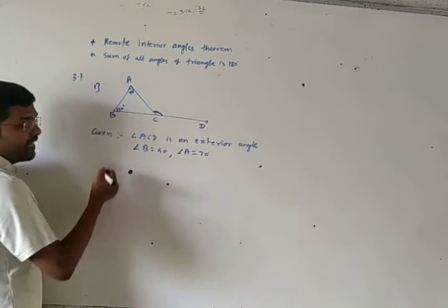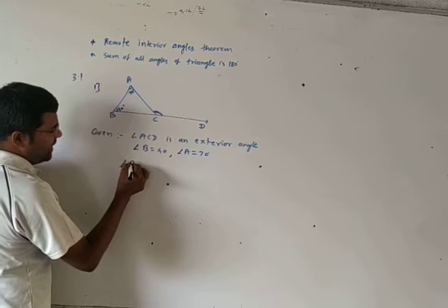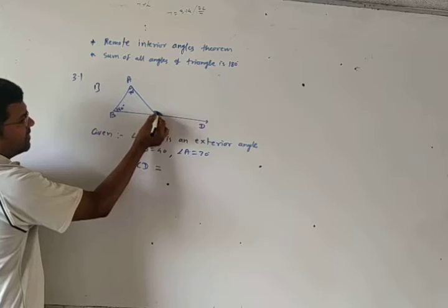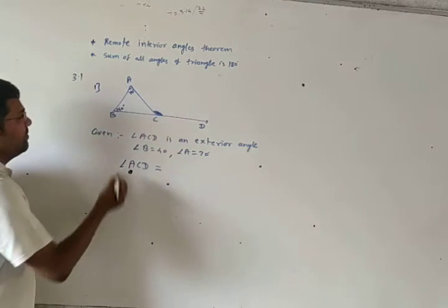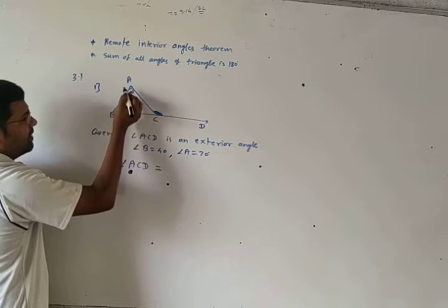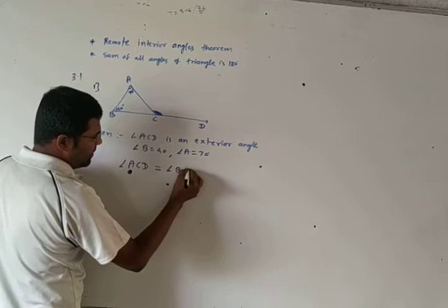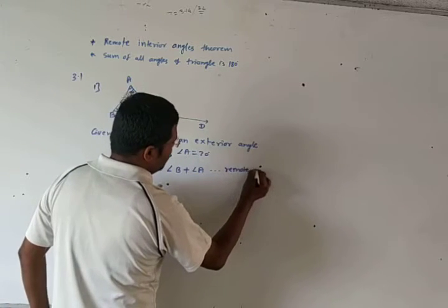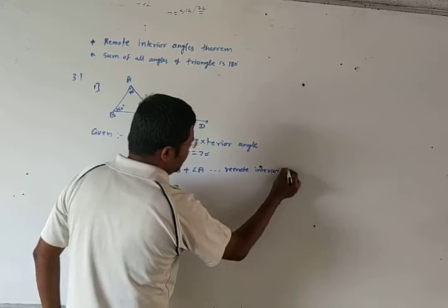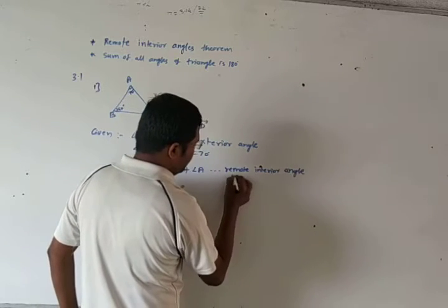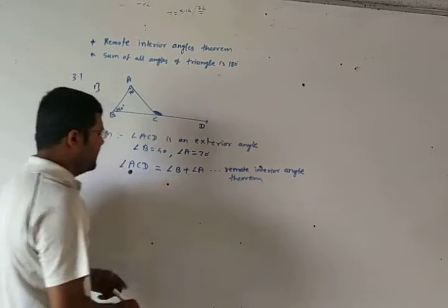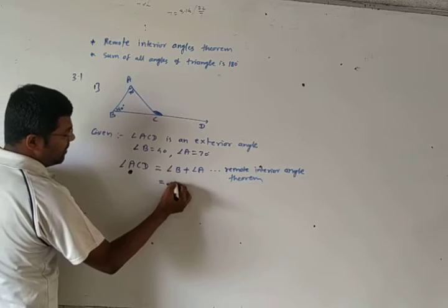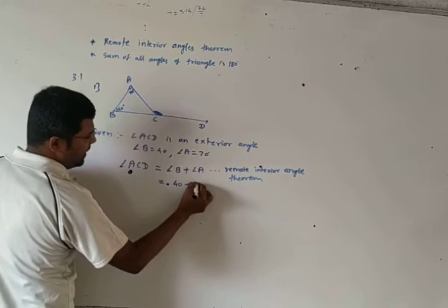And what is the remote interior angle theorem? That means angle ACD is equal to the sum of the remote interior angles, meaning angle B plus angle A. Now, angle ACD is equal to the measure of angle B, 40, plus angle A, 70.